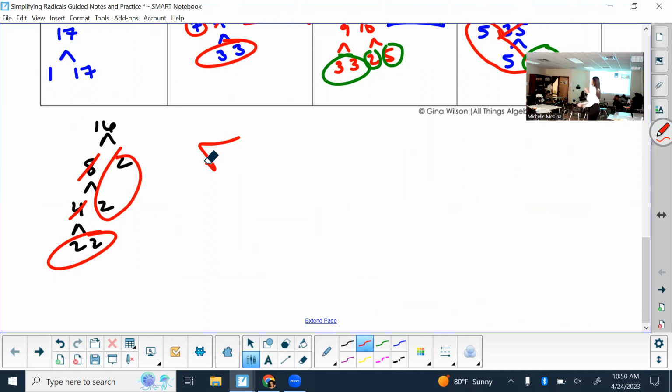The rule still holds true. For each pair, you write it once outside of the radical and multiply it together, so 2 times 2. Nothing inside, so there were no leftovers. So what's 2 times 2? And that's the square root of 16, isn't it? So you don't need to make a factor tree for that, but if that happens, that's because it was a perfect square. Yes?